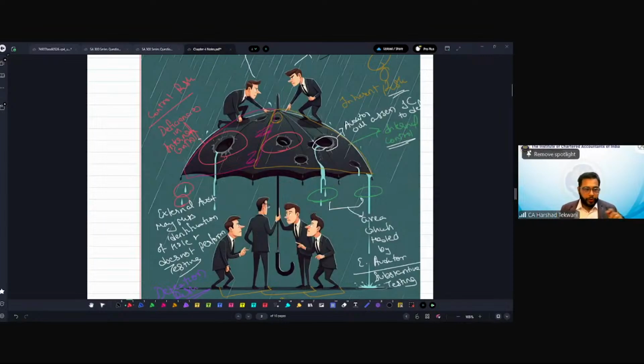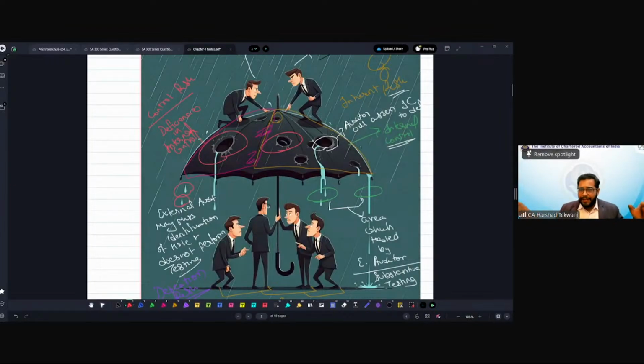Explain control risk. Control risk is nothing but the risk that the control might not be able to prevent, detect or correct a misstatement. In this example, the umbrella is designed to protect the person below it from the rain. That is the role of the umbrella.